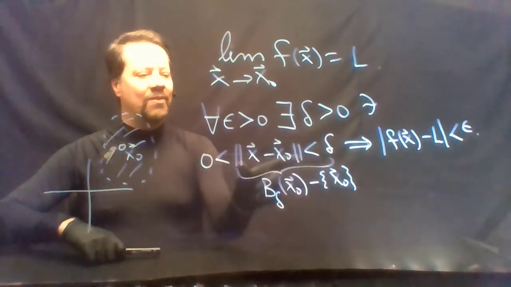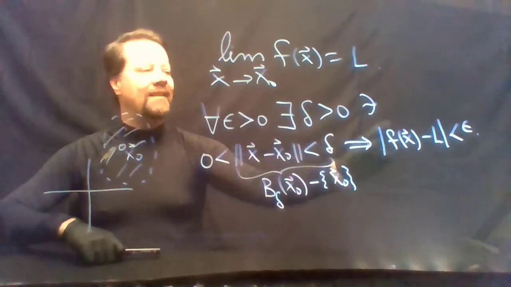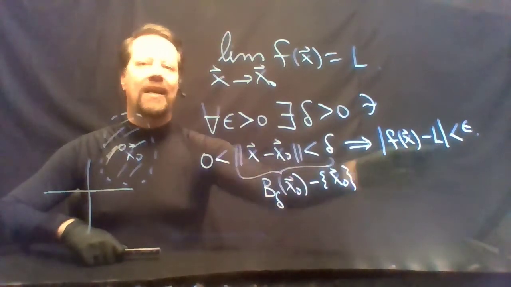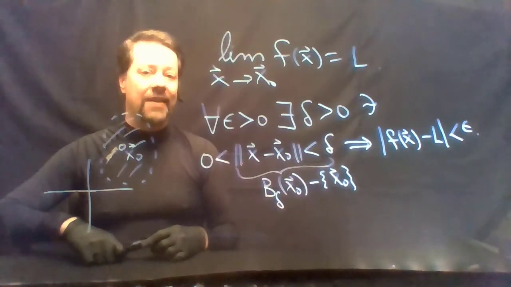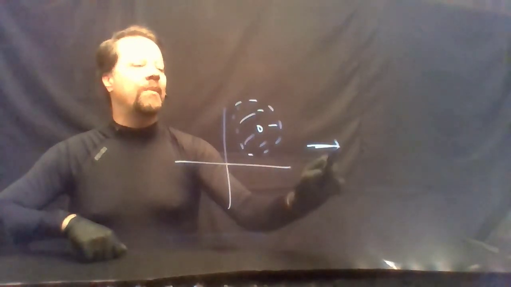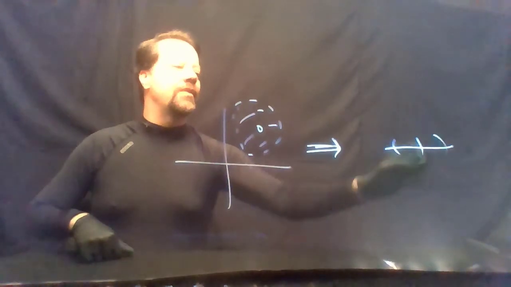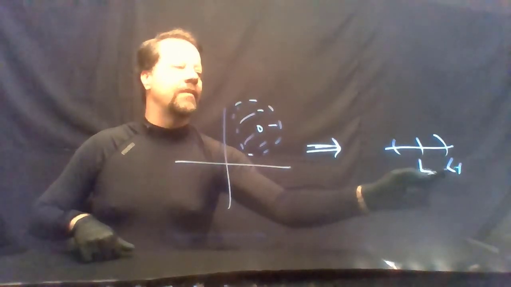You can see we're requiring closeness in the domain to the point x naught, implying closeness to L for the functions in the range. Now there is a little bit of a caveat here. We're requiring closeness within the domain to imply closeness in the range.